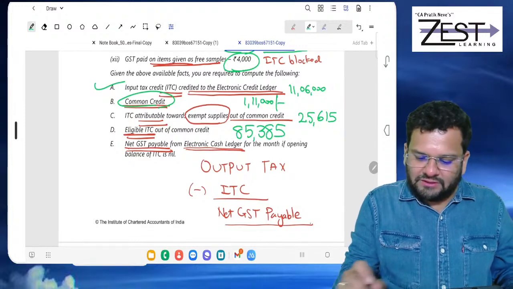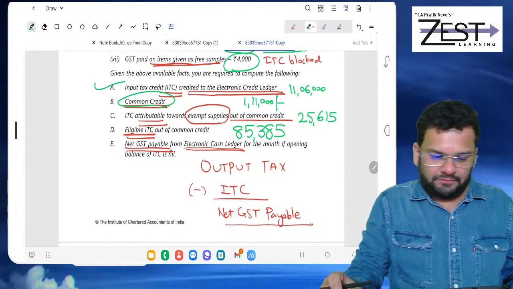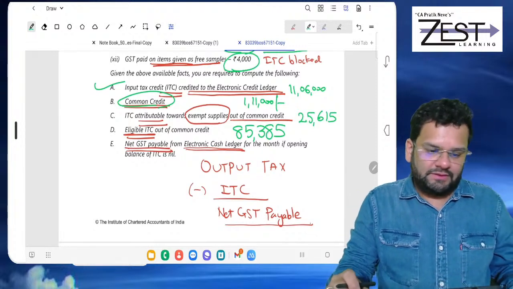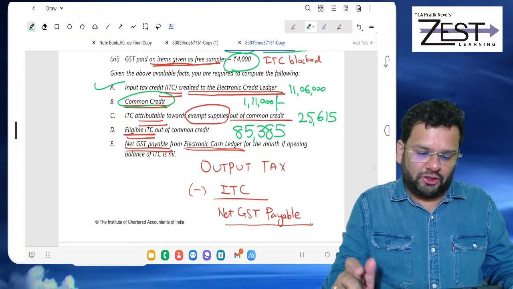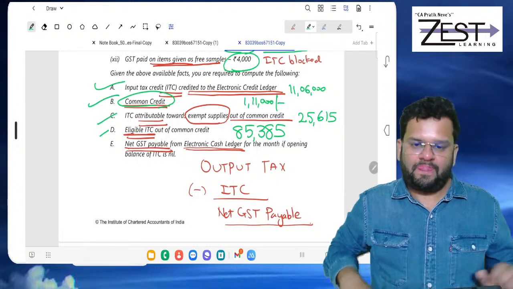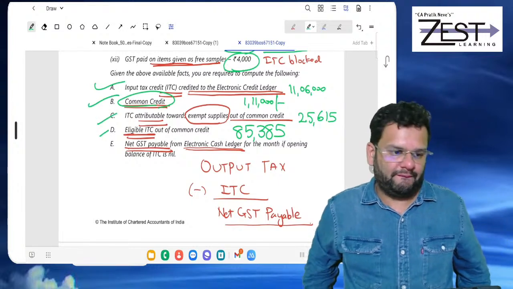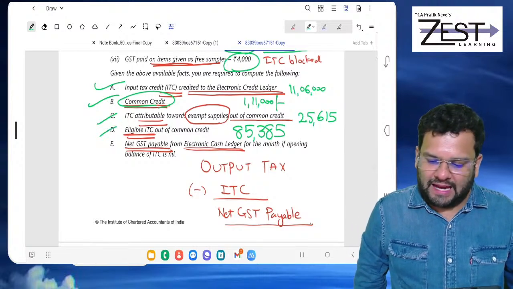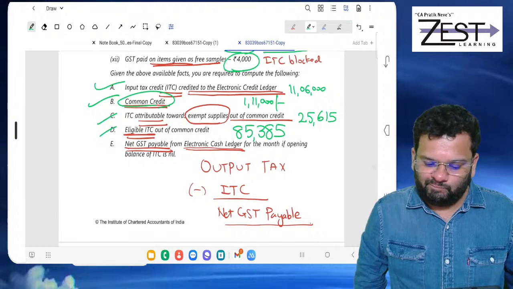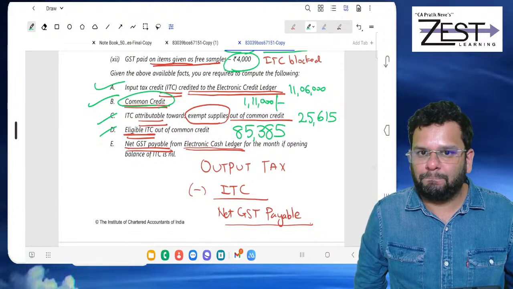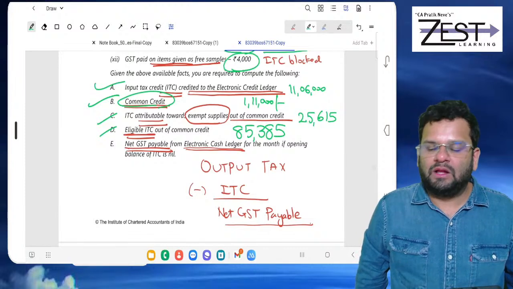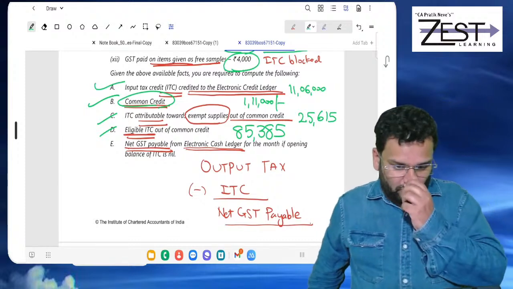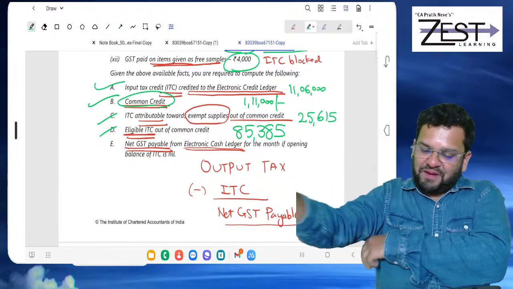So do you agree with me now that, say D in the chat window once you get D point also. Do you all agree with me that we will have to find out now net GST payable?